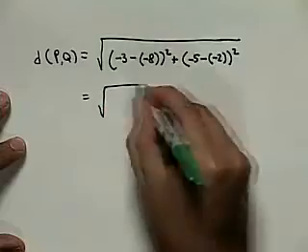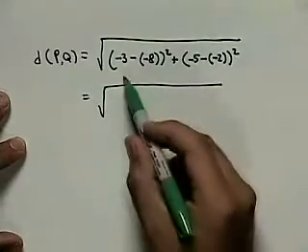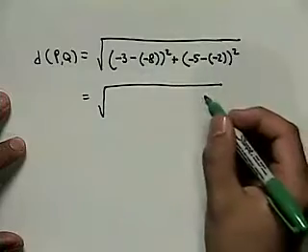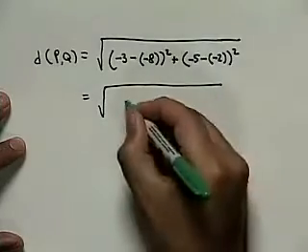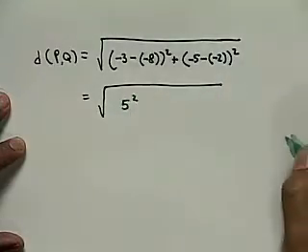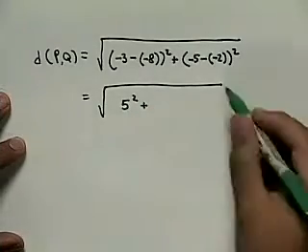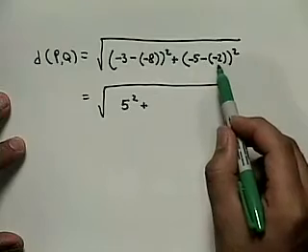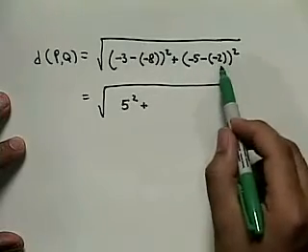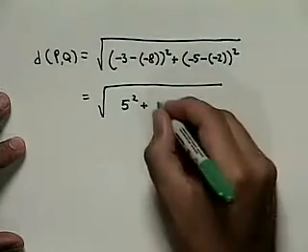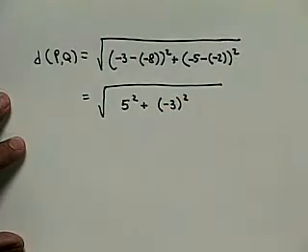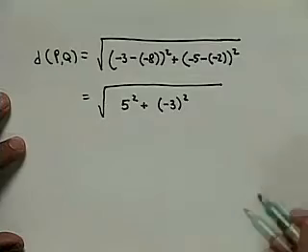Simplifying this, we get the square root, and then negative 3 minus negative 8 is really negative 3 plus 8, and negative 3 plus 8 is 5. So we have 5 squared, plus, and then in these parentheses we have negative 5 minus a negative 2, which is negative 5 plus 2, and negative 5 plus 2 is really negative 3, so we need to square that as well.